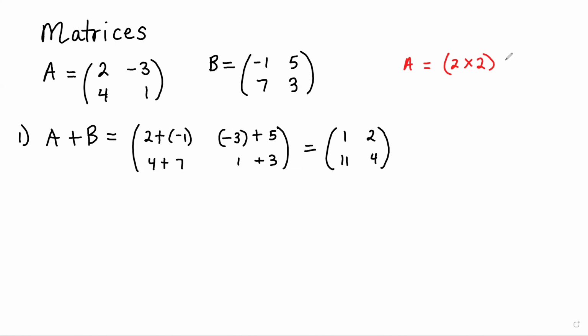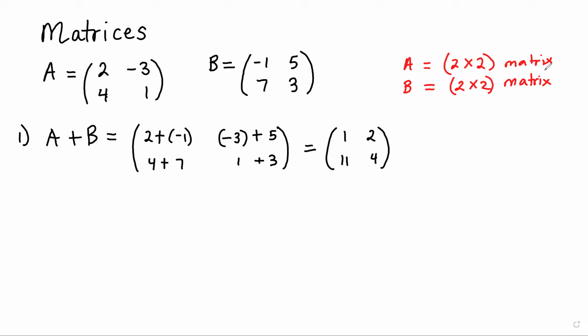So A is a 2 by 2 matrix. And similarly, B is also a 2 by 2 matrix because it has 2 rows and 2 columns, right? And with matrix addition or even matrix subtraction, you can only add matrices of the same order, meaning that you could only add a 2 by 2 matrix to another 2 by 2 matrix.